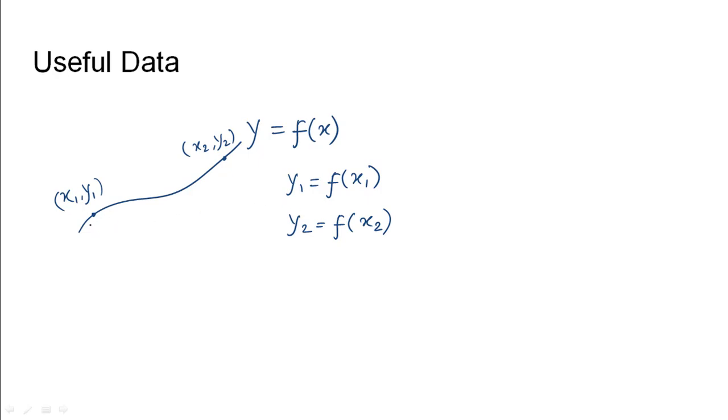But if we only know these 2 points and we need to find some other point in between, and we are not given the function, let us assume that the function is not given, but the 2 points (x1, y1) and (x2, y2) are given.